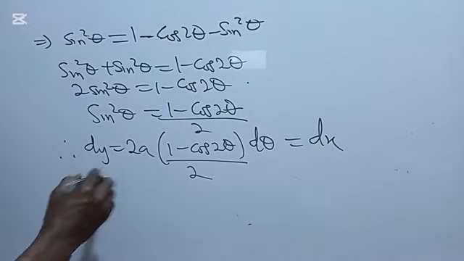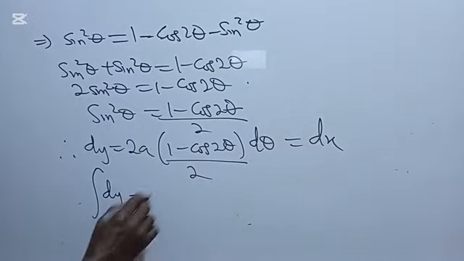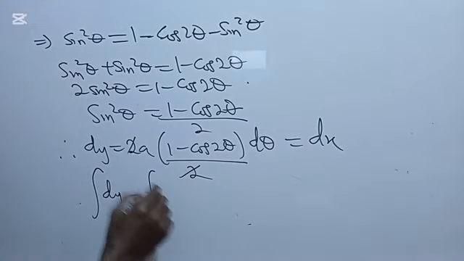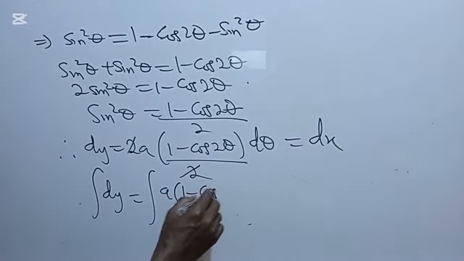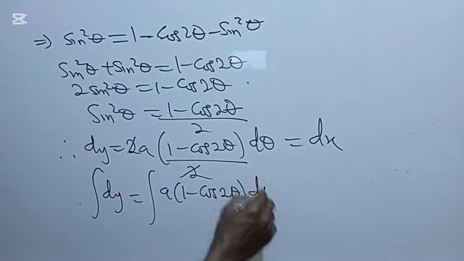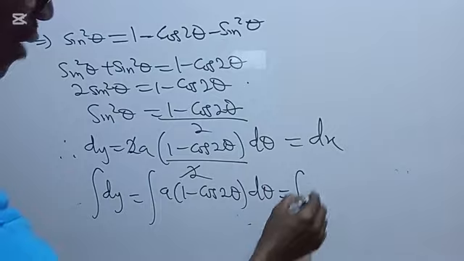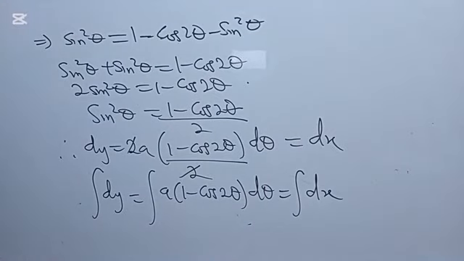So that implies integrating the y is the same thing as saying integrating, this cancels this, a into 1 minus cos 2 theta d theta, which is the integral of dx. Yes. Don't be confused.